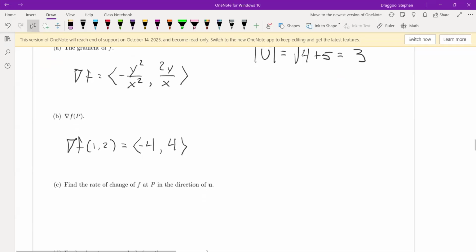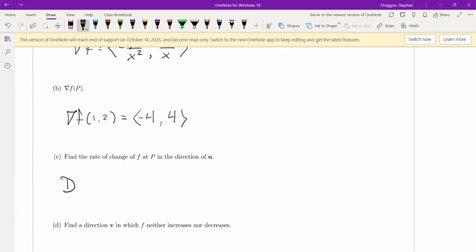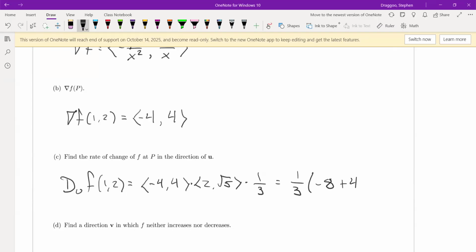So the magnitude of u is 3, which means when I go to get my directional derivative of f at (1, 2), it's going to be (-4, 4) dotted with (2, root 5), times 1/3 to divide away that magnitude. So in the end, this is 1/3 times (-8 plus 4 square root 5). And again, back to being a scalar quantity.